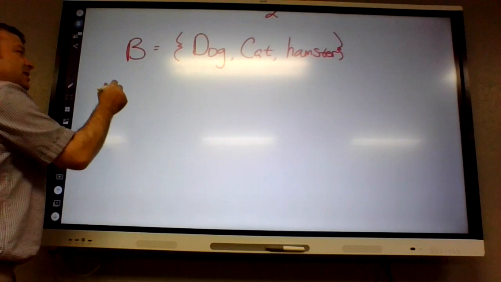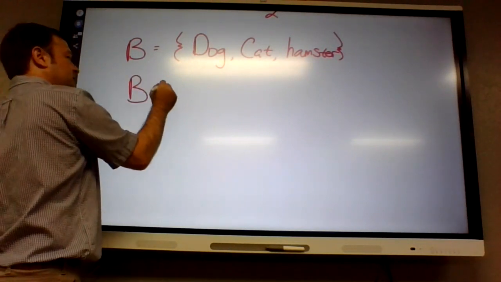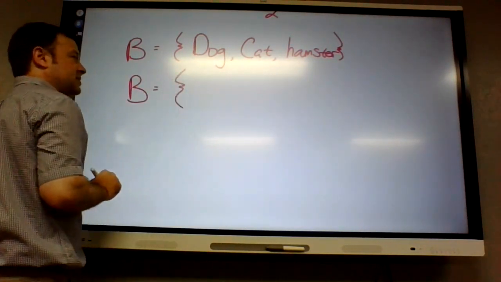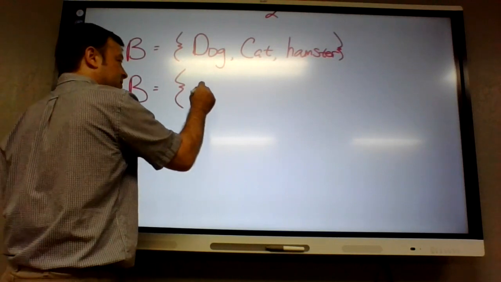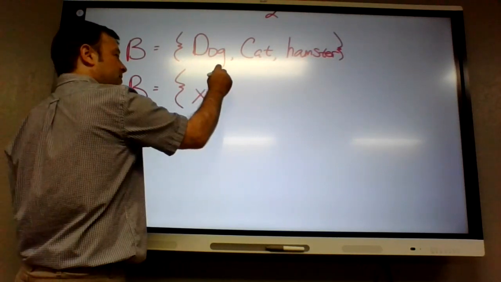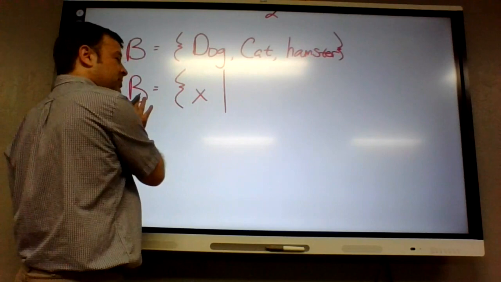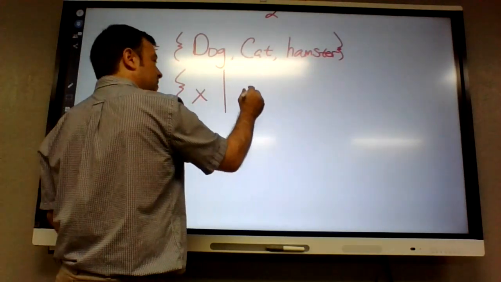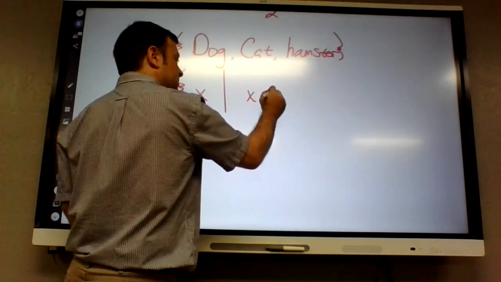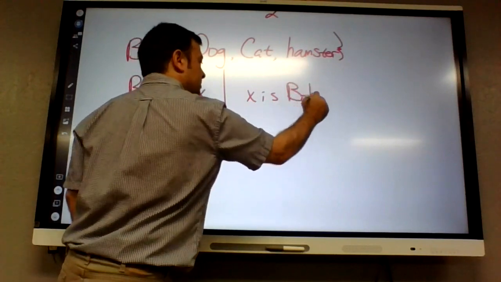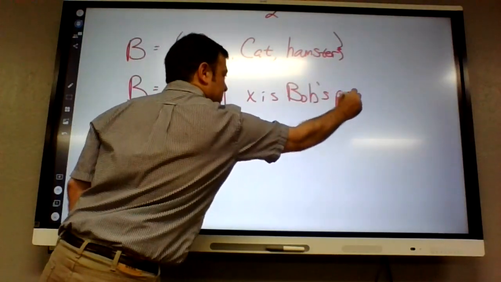Okay, but the other way that they might possibly write it is the set of Bob's pets is X, where the set B is X, where X is Bob's pets.